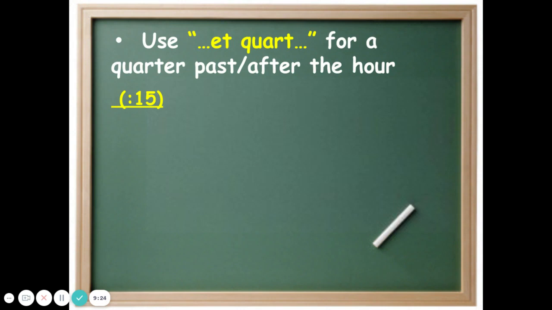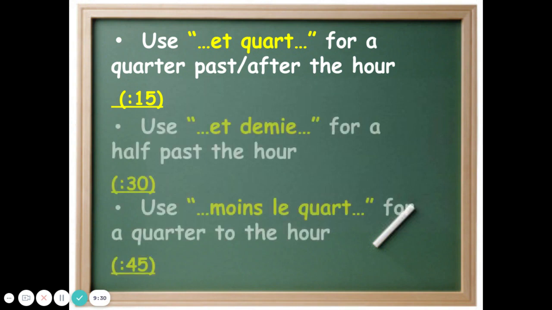So what are our specials? À quart for quarter past the hour or after the hour. À demi for half past the hour, or so half of the clock. And moins le quart for quarter to the hour. So that's 45. Those are our 3 special words that you've got to remember. Et quart, et demi, moins le quart.